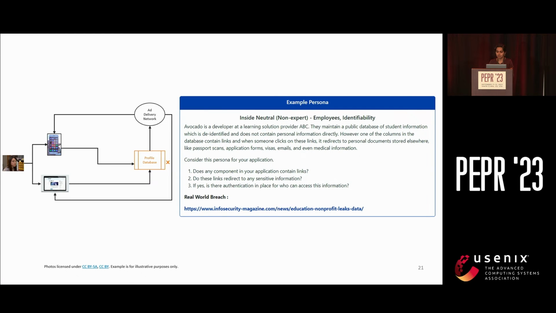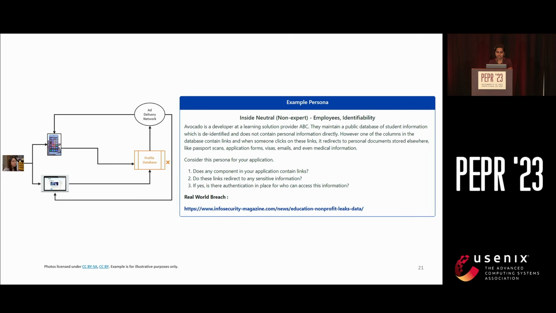Another example could be where the threat actor is an employee and the threat mechanism is identifiability. Let's say Avocado is a developer at a learning solution. They have a public database, but it contains some kind of personal information.